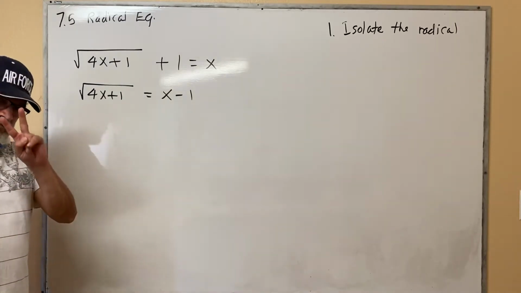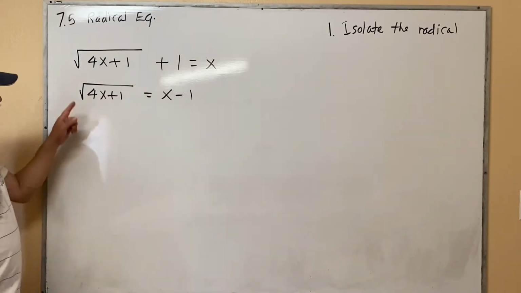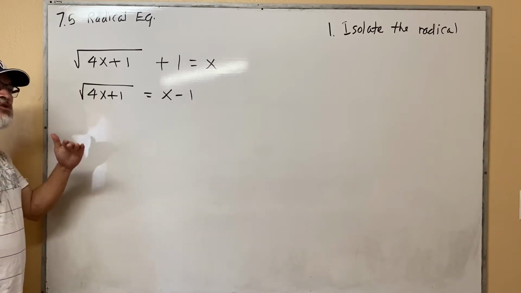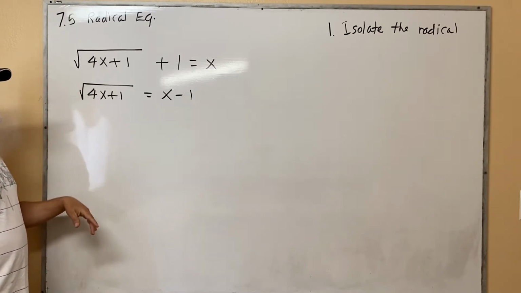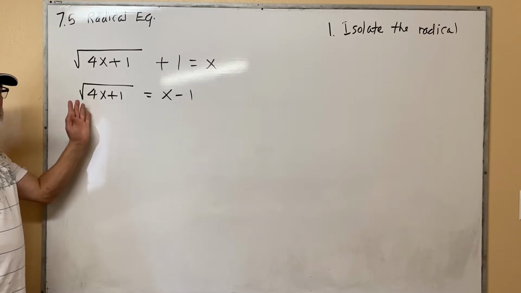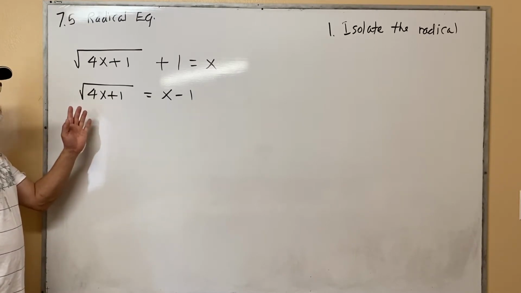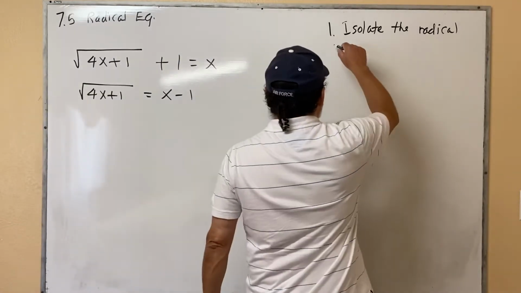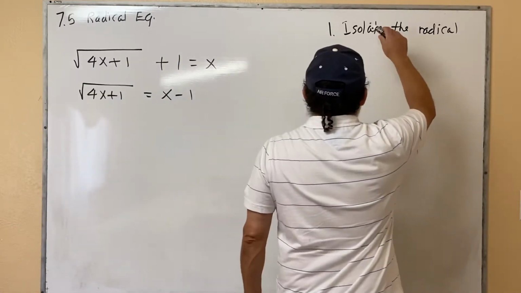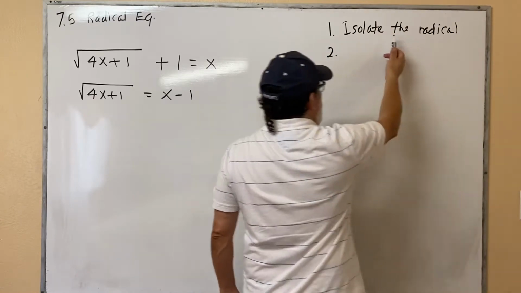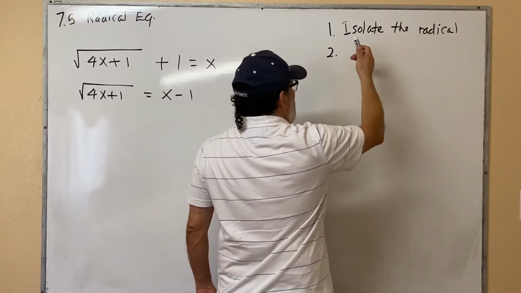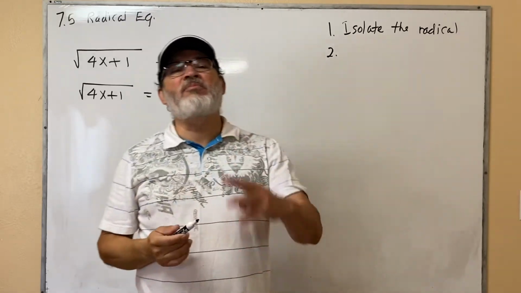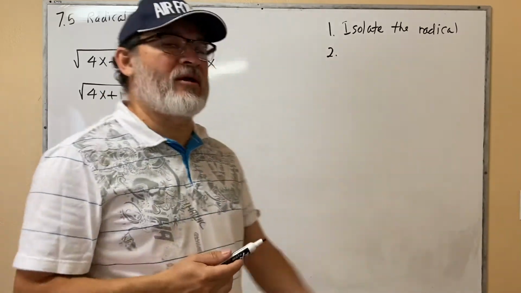Step number 2. If the radical has index of 2, if we have the square root, once your radical is isolated, square both sides. So once your radical is isolated, if the index is 2, square both sides. If the index is 3, cube both sides, and so on.